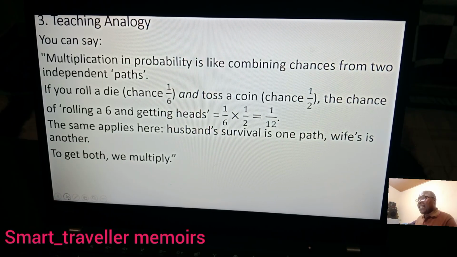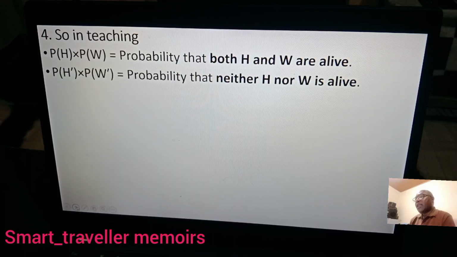The same applies here. Husband survival is one path, wife's is another. To get both, we multiply. So in teaching, PH times PW is equal to probability that both H and W are alive. And the PH prime times PW prime, probability that neither H nor W is alive.